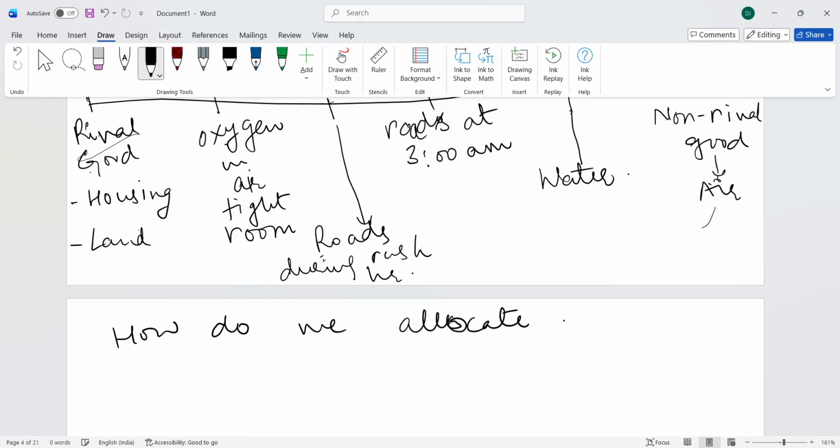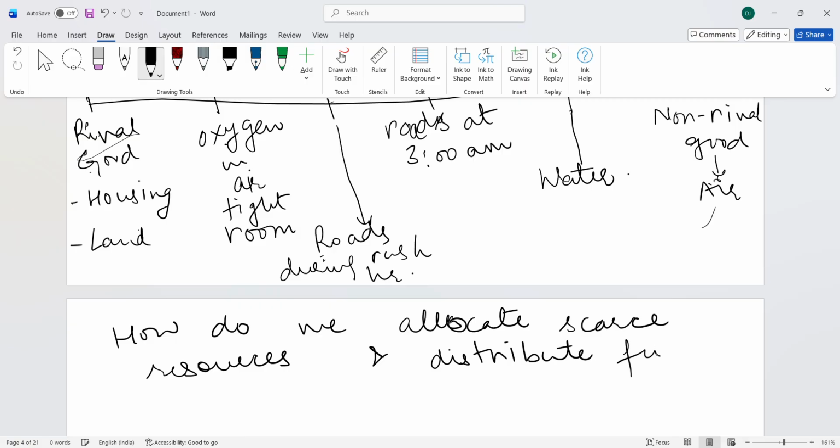How do we allocate scarce resources and distribute final goods and services in the economy?